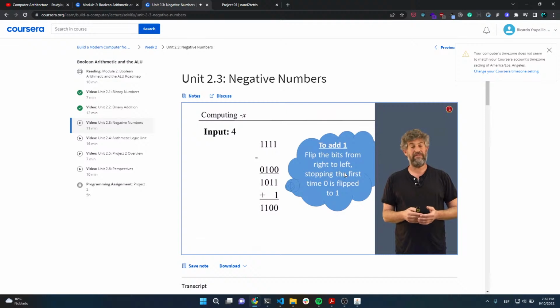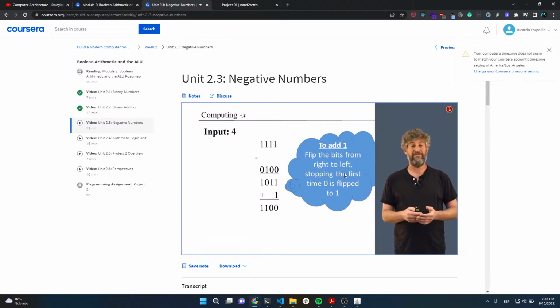If the rightmost bit is 0, you just turn the 0 to 1 and you got your new number. If it's 1, you turn the 1 to a 0 because you add 1 plus 1, and then you have a carry, and you move to the next bit from the right.